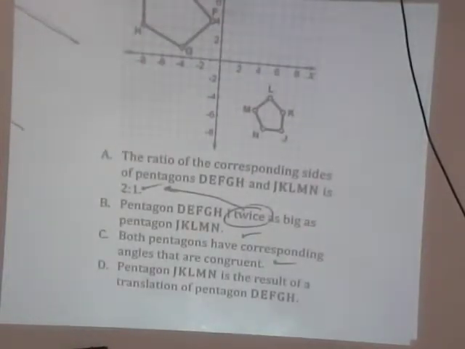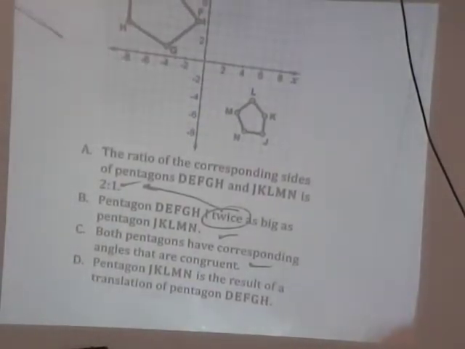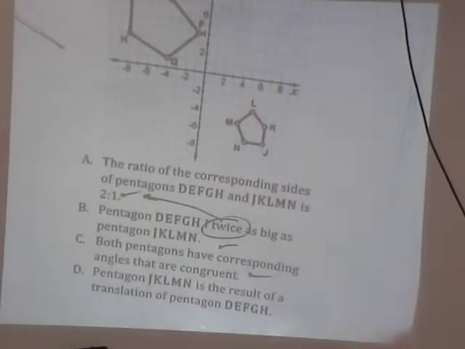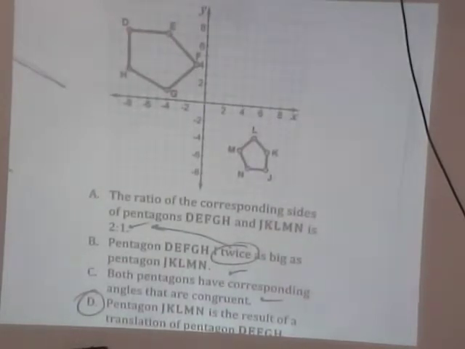The little pentagon is the result of a translation of pentagon DEFGH. Is it a translation? Translation is like a slide. Plus, translation has to have the exact same shape, right? It's not. Any questions on that one?